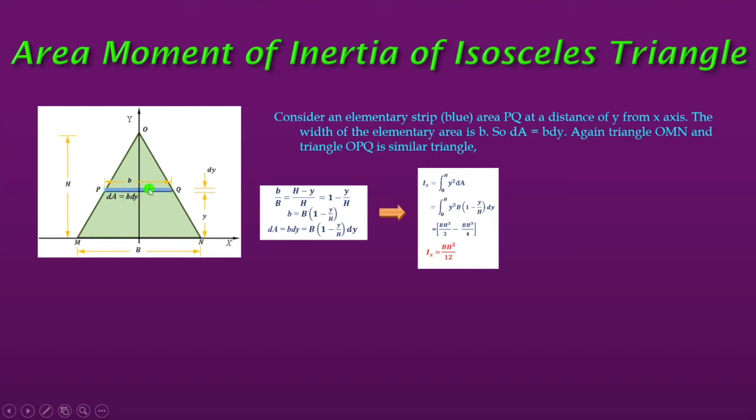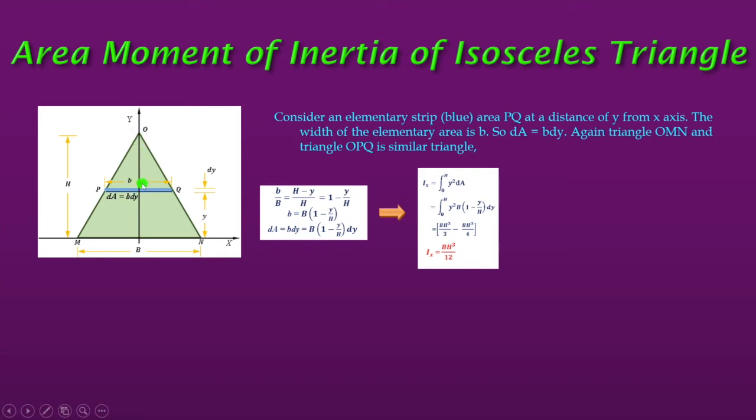We are assuming that this length here is b, into dy, the height. Now we have to find the relation between small b and y. So use this triangle OPQ and OMN. It is a similar triangle, so base by base, small b by capital B, equals height by total height.